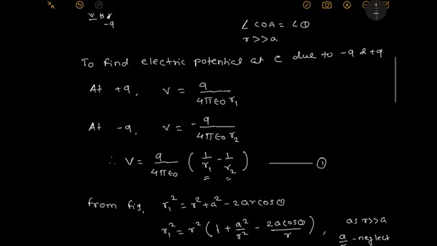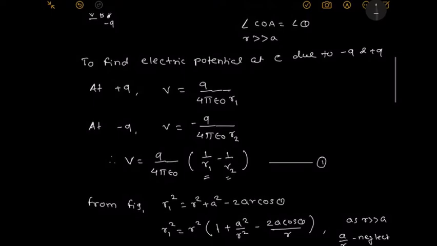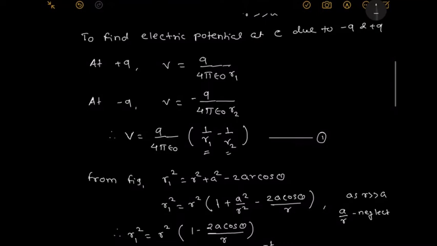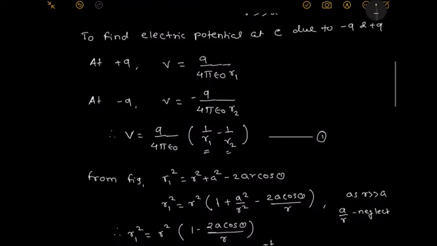R1 square is equal to R square into bracket 1 plus a square by R square minus twice a cos theta by R. Here the second term, a square by R square, we neglect since R is very much greater than a. Therefore, the remaining term becomes R1 square is equal to R square into bracket 1 minus twice a cos theta by R.